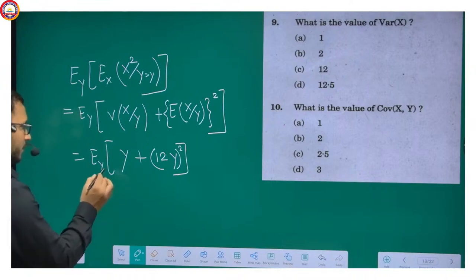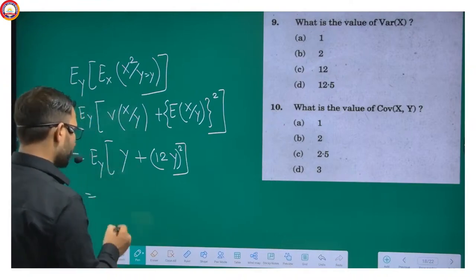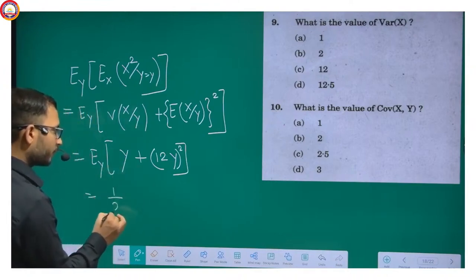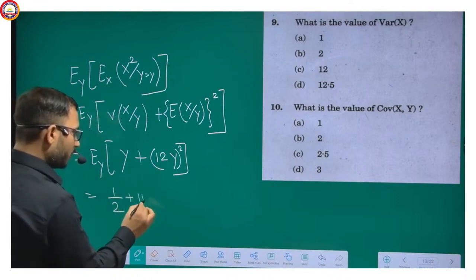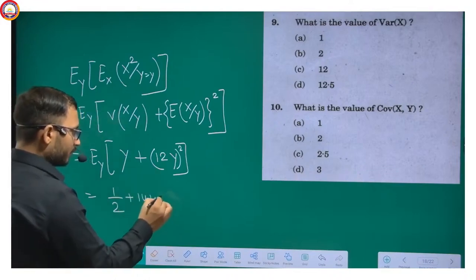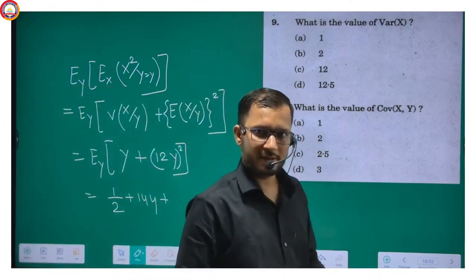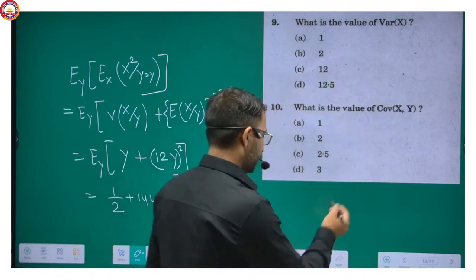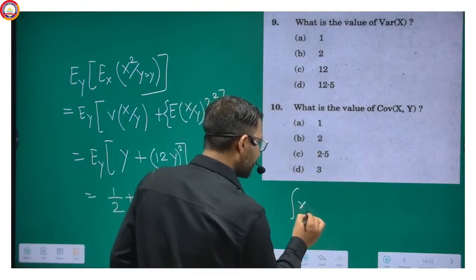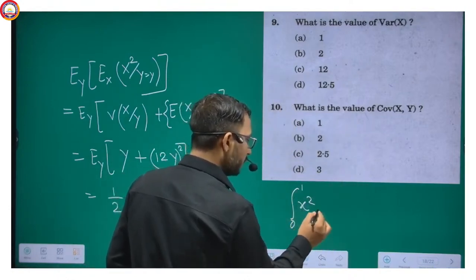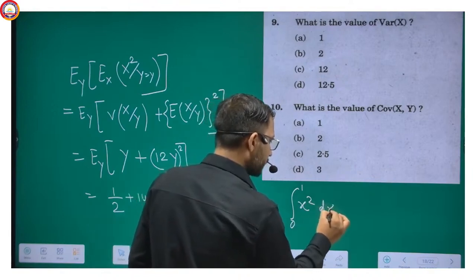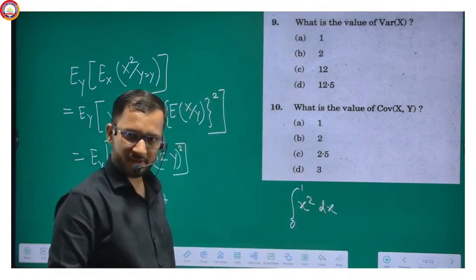That means now expectation of y is 1 by 2, and this is 144 coming outside, plus expectation of y square. In case of expectation of x square from 0 to 1 dx, this will be x cube by 3.